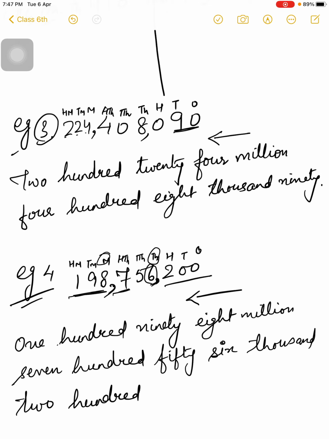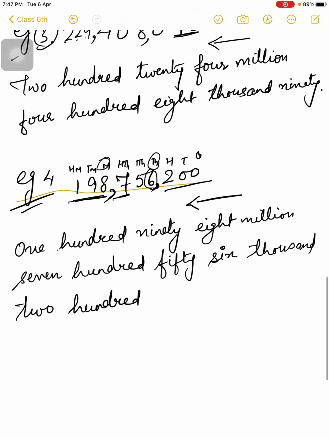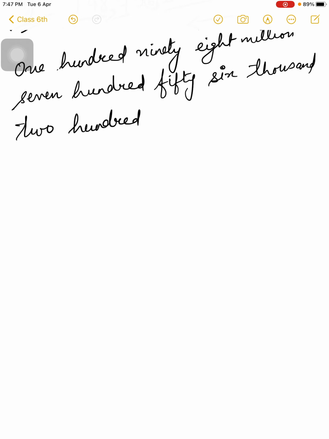Right? So I hope you are all able to understand about the Indian system of numeration and international system of numeration. So our next topic for today's class is expanded form.